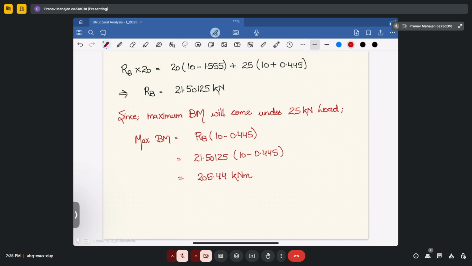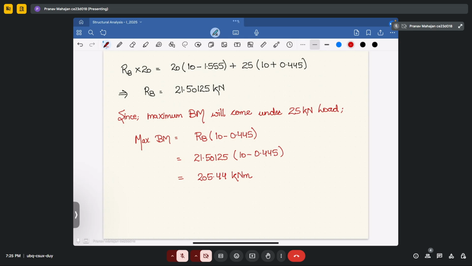So if you are expected to calculate the maximum bending moment, like we have done for the shear force, in the shear force, two loads are there, and maximum shear force will come at any of the points because of the deflection profile of the beam. So we have calculated the shear force in both the cases. Whereas in bending moment, we first divide the loading arrangement based upon the CG of the loading arrangement.